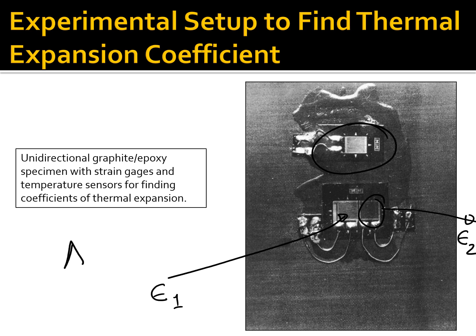So we go through a delta T in an oven, and you're going to measure the strain and the temperature data as you go along. Then you're going to plot epsilon 1 and epsilon 2 as a function of delta T. And then you'll be able to take the slope of those plots to figure out what alpha 1 and alpha 2 are. Let's see how that takes place.